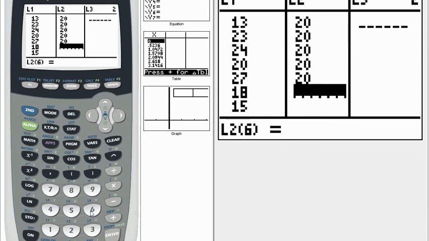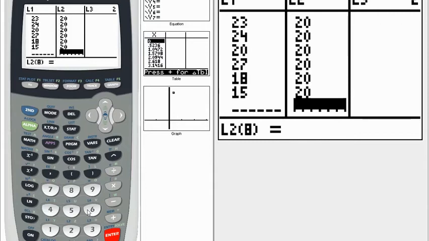Okay, so I think that's going to go in there. So I have my observed and I have my expected.